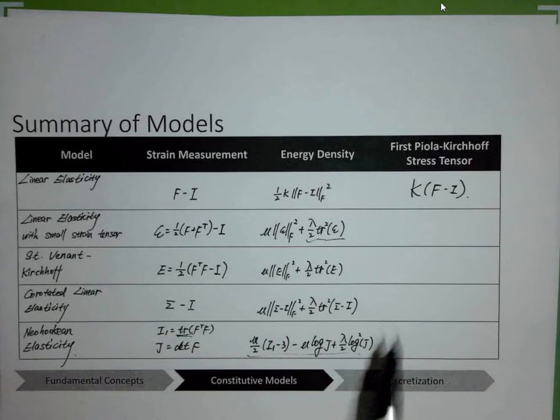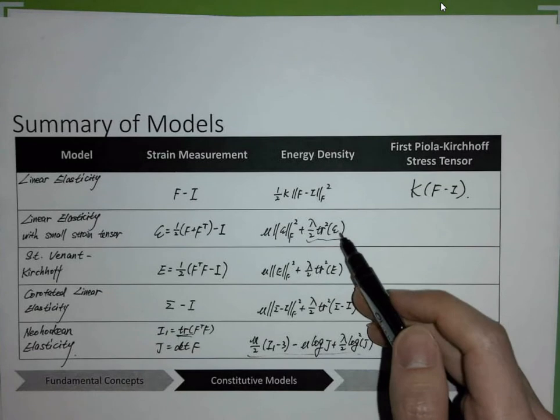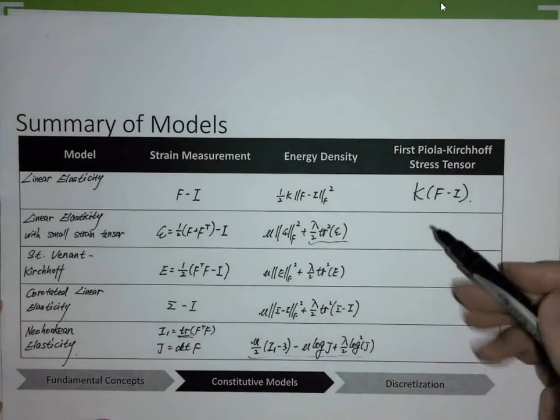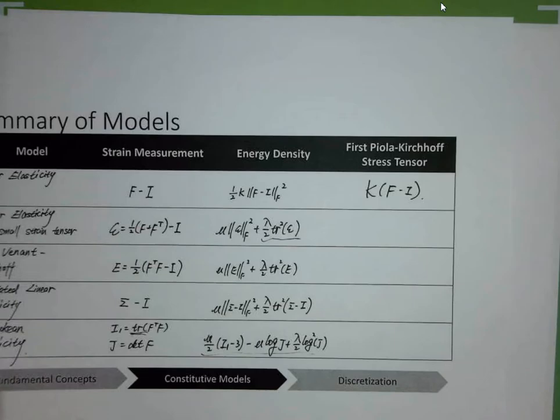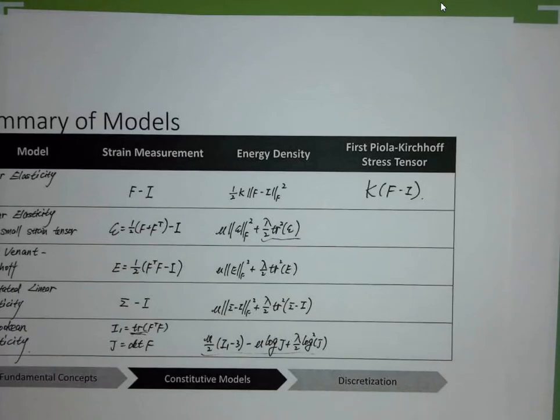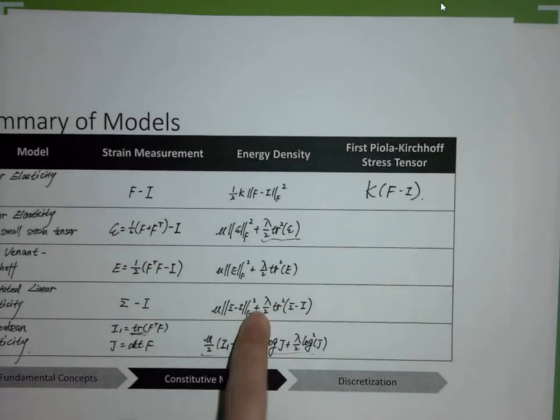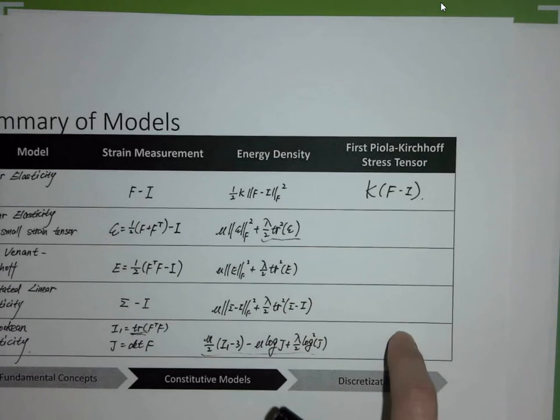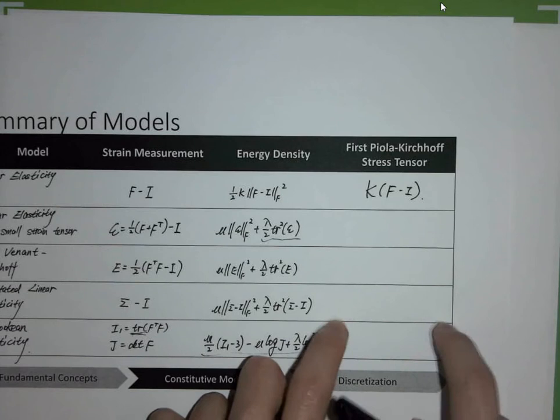Right. So usually you don't need to come up with everything by yourself by taking the derivative of those complicated energies to get the Piola-Kirchhoff tensor. Usually there's a definition of either the energy or the stress tensor, and most people will prefer to apply everything using the stress tensor.